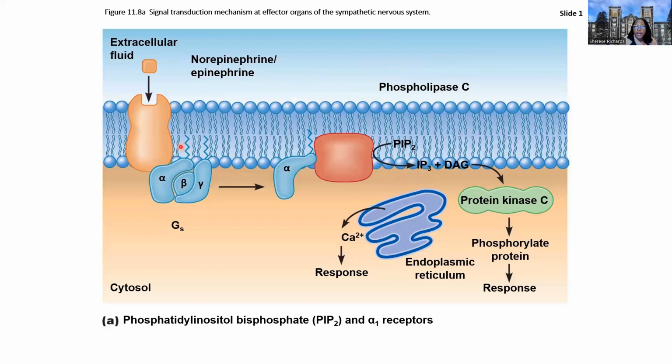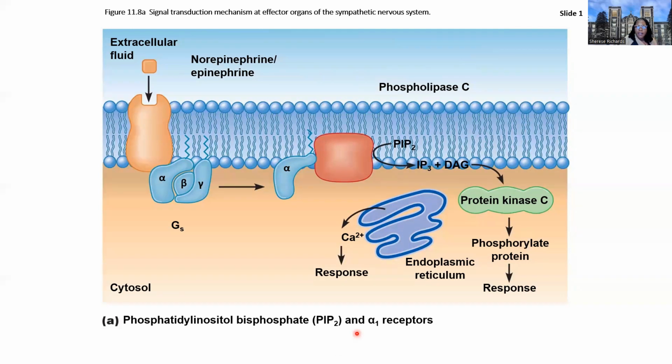Okay, now we're going to look at the actual signal transduction mechanism. What are the steps that are involved from the time that the neurotransmitter or hormone, in this case, binds to the receptor, and then we have the response on the tissues? What are the signal transduction mechanisms that help to bring about that response?